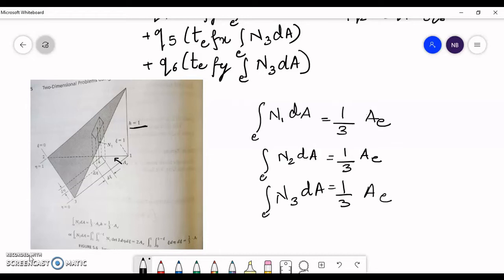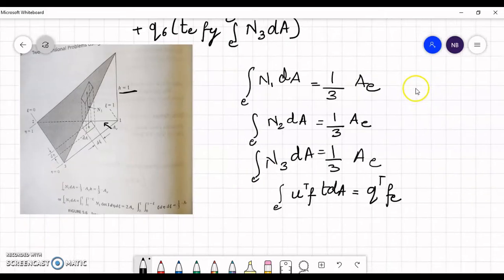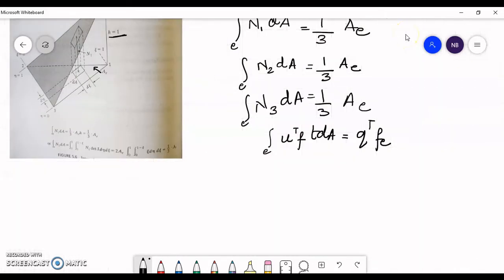So substituting in the above equation, we get integral u transpose f into t dA equals q transpose into fe.